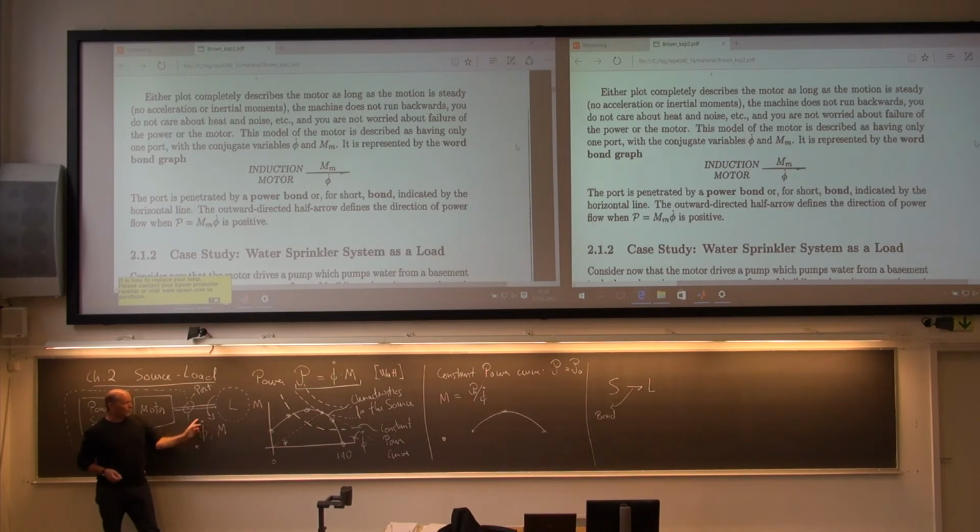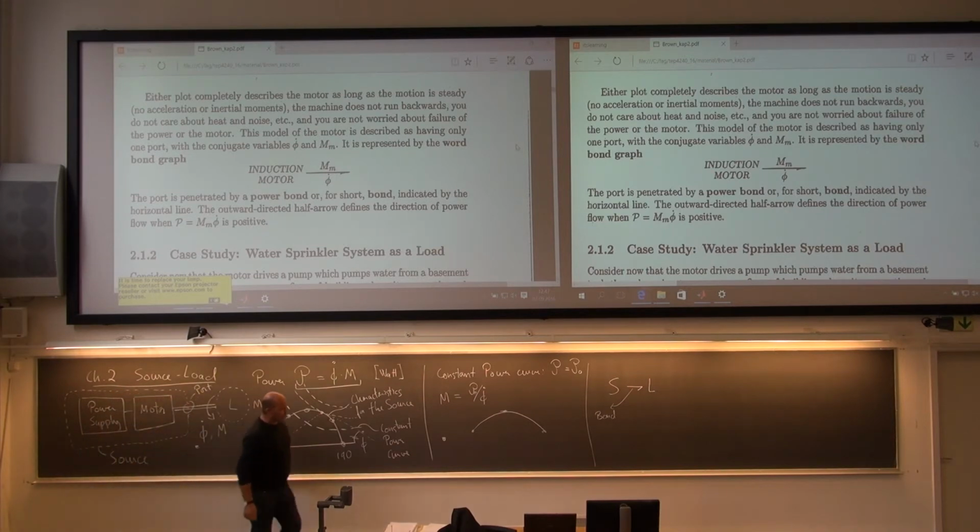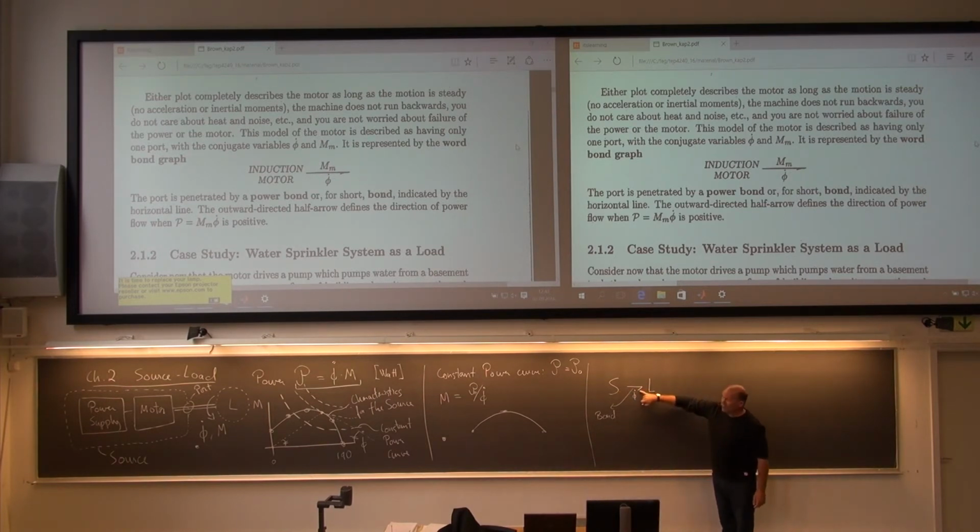Here we have the motion, something that actually is moving, the rotational velocity. It should always be under this arrow, or where you have this half arrowhead pointing towards it. The force or the effort should be on the other side.